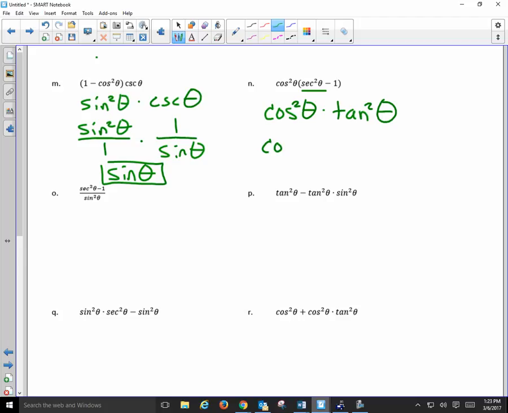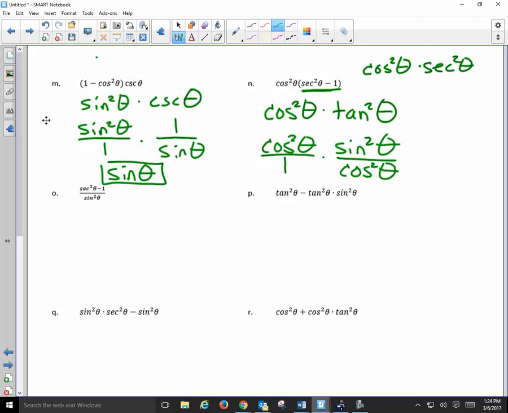We have cosine squared over 1 times sine squared over cosine squared. Well, no. Secant, if it was cosine squared of theta times secant squared, these are reciprocals, right? And I would get just 1.